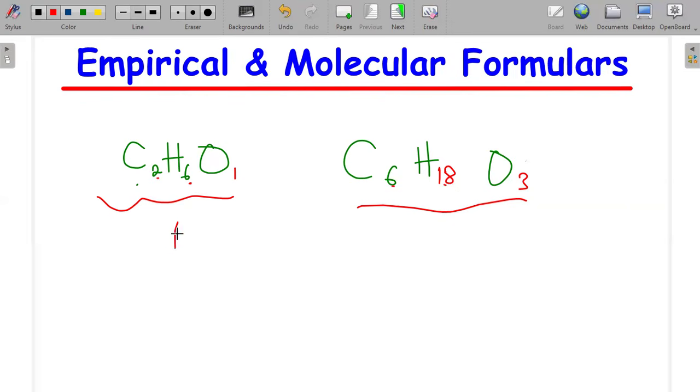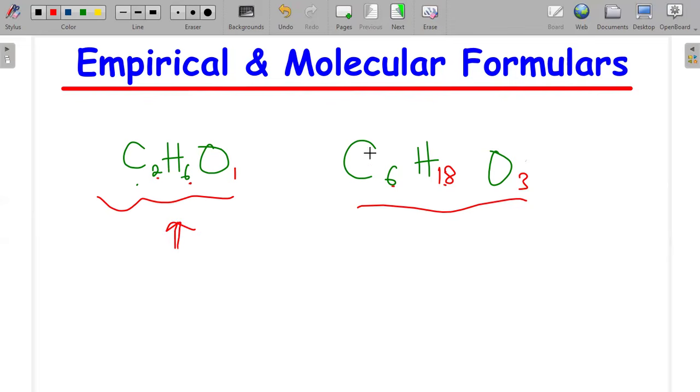So this formula that shows the simplest ratio of the atoms that make up the compound or the molecule is what we call the empirical formula, the simplest chemical formula for a certain compound.